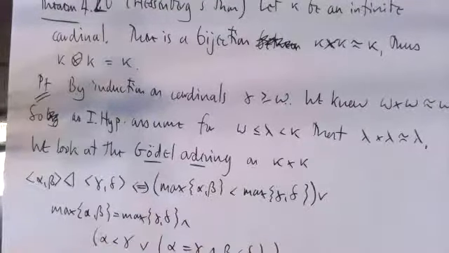So either the maximum of this pair is less than this, or the maxima are the same, in which case it's then the dictionary ordering. Alpha comes before gamma, or they're the same and beta comes before delta. And that's where we'll put this strictly before this. So the first thing to worry about is, is this really a well order? Here I'm picking ordinals less than kappa.